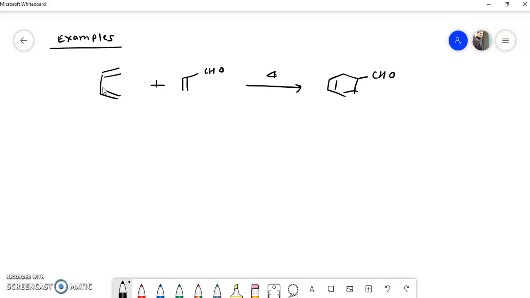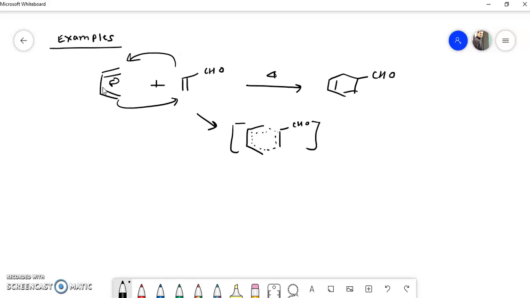How is this product obtained? This bond is shifted here, this bond gets shifted here, this bond gets shifted. Ultimately we get this product. Now there is a formation of a transition state. See what kind of transition state is involved. All these bonds are forming or breaking, so I will represent them by dotted lines.